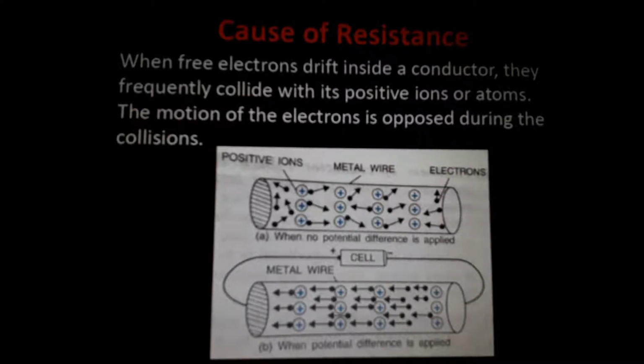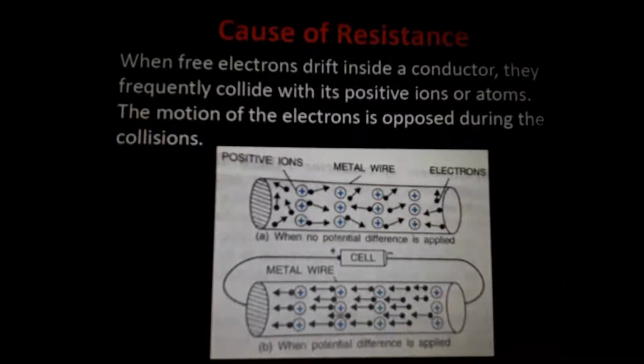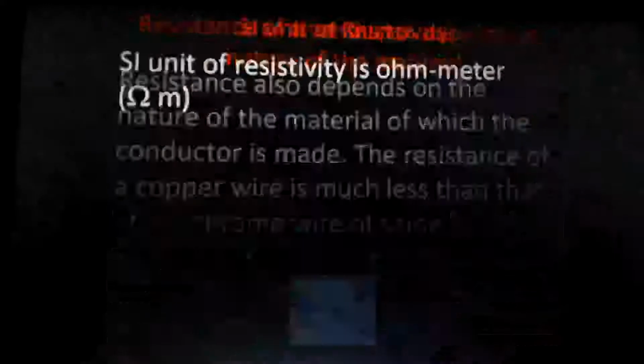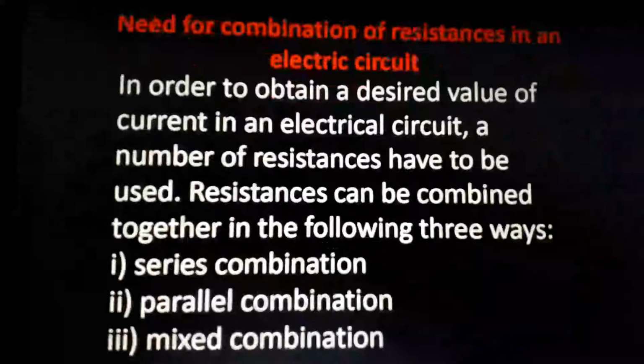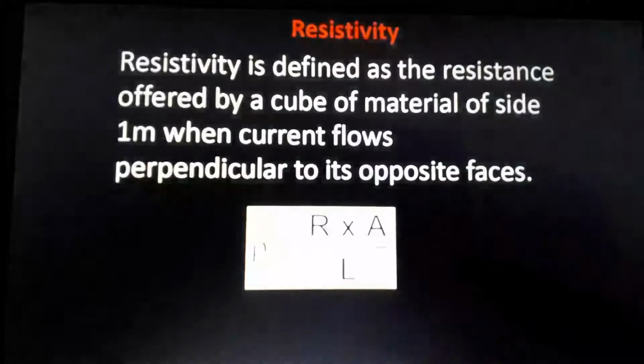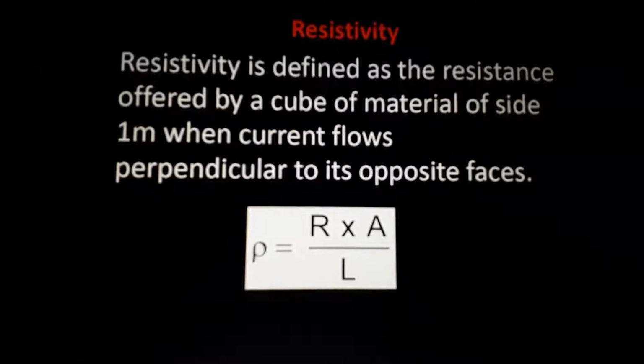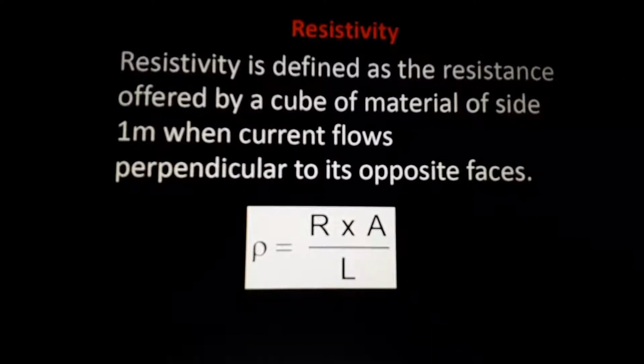And a metal which has a lot of these positively charged ions or atoms inside the conductor, such metals or conductors will have high resistance. And you already know that this resistance is directly proportional to what? Resistivity, isn't it? When the resistance increases, resistivity will automatically also increase.